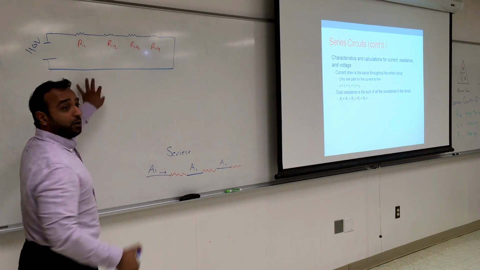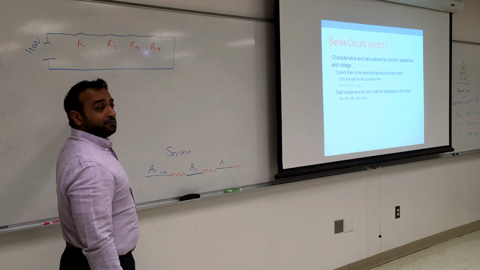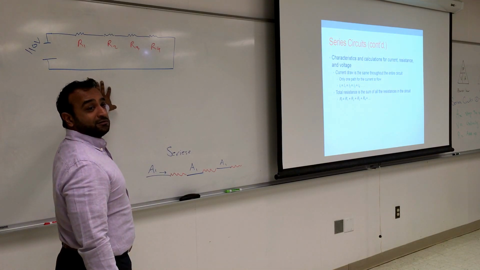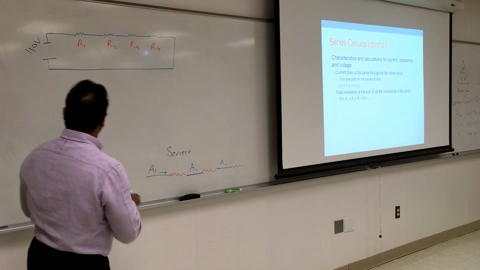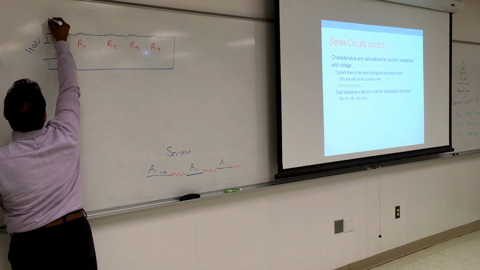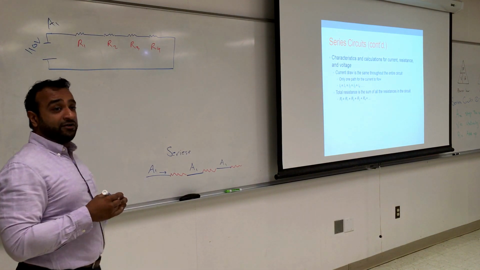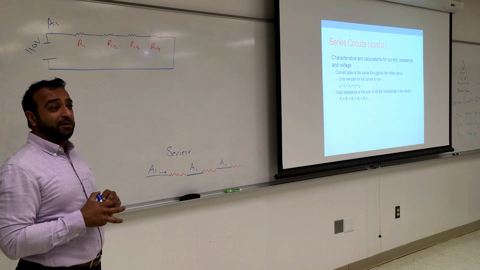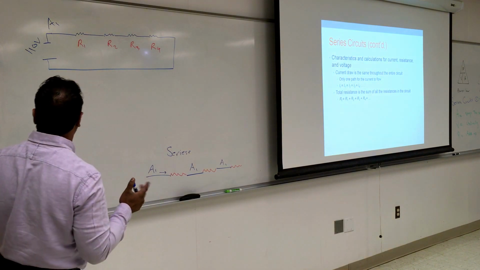We all agree this is in series, right? Yes. Anybody disagrees, have confusion, doubts? Okay. So the current is coming here, A1. Is it diverting anywhere? How many paths? One path. We agree on that.